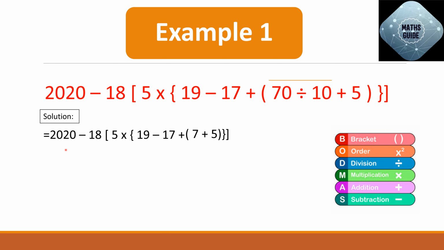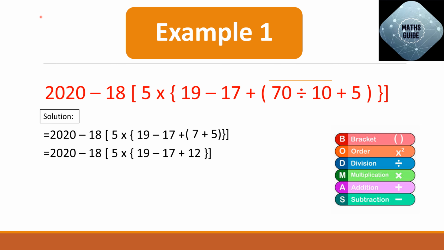Now here as you can see that this 70 divided by 10 has been solved and the answer is 7. And there is no change on this side of the question. Then we have to add 5 within the answer under this vinculum sign. Next step to solve the integers within the parentheses. Here we have 7 plus 5 within the parentheses and our answer will be 12.